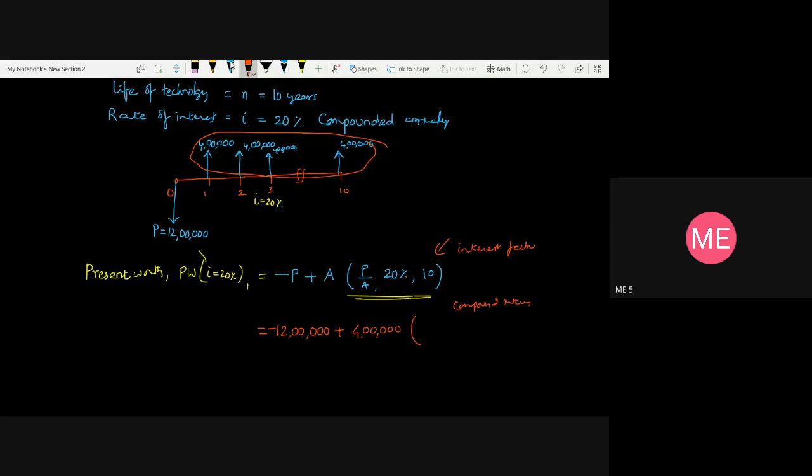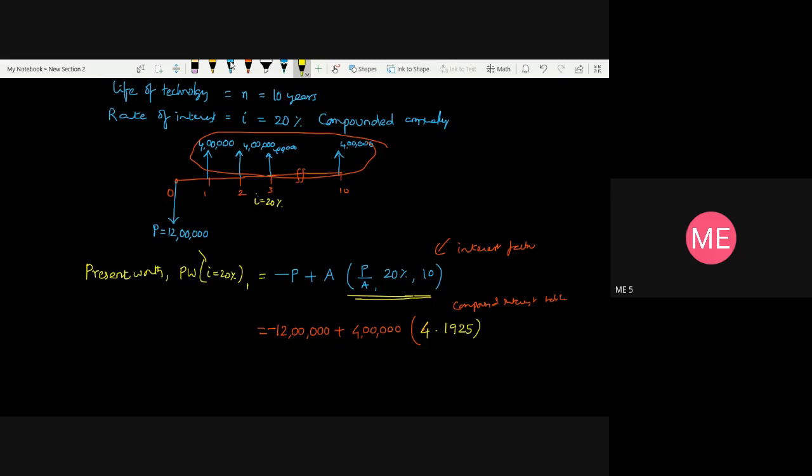I think the tables I have given to you. For 20% and a time period of 10 years, I'll get the P by A factor from the table, that is 4.1925. If you look into the compound interest tables, it will be easy to find this factor 4.1925.